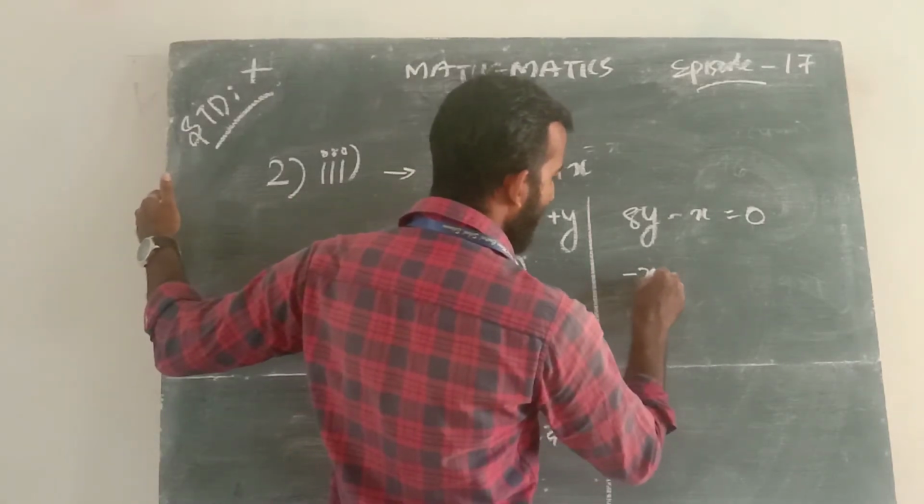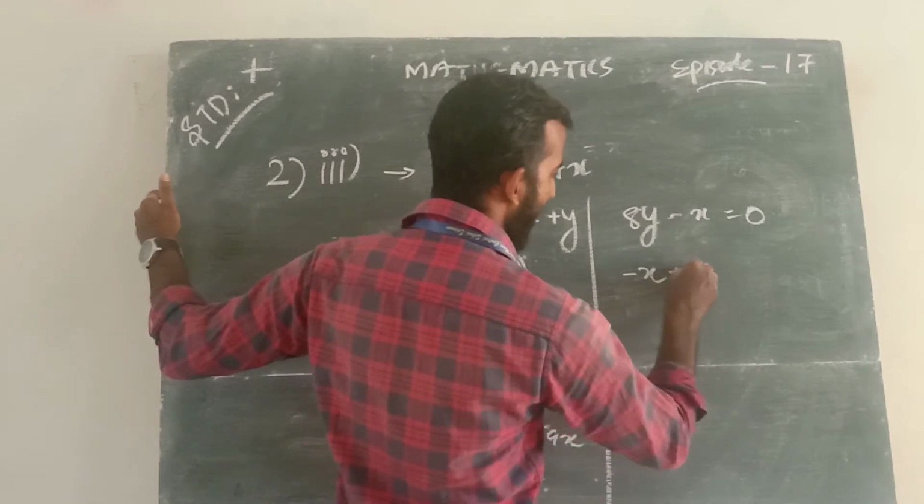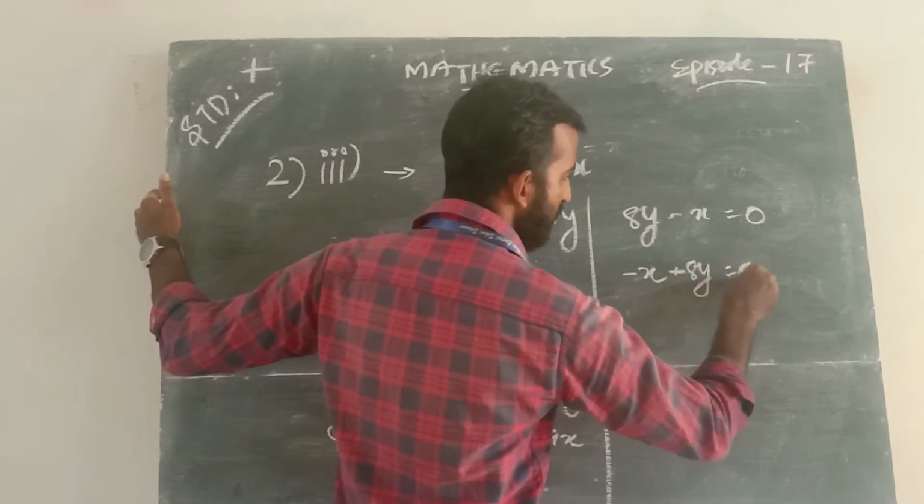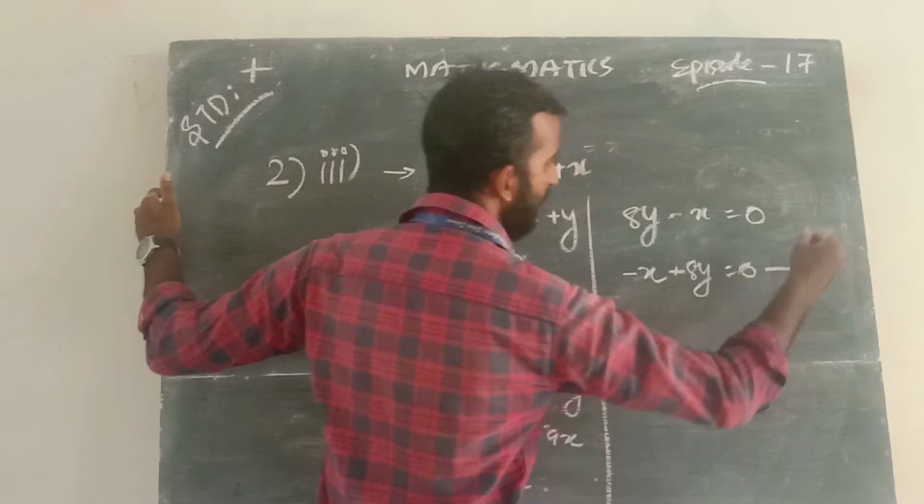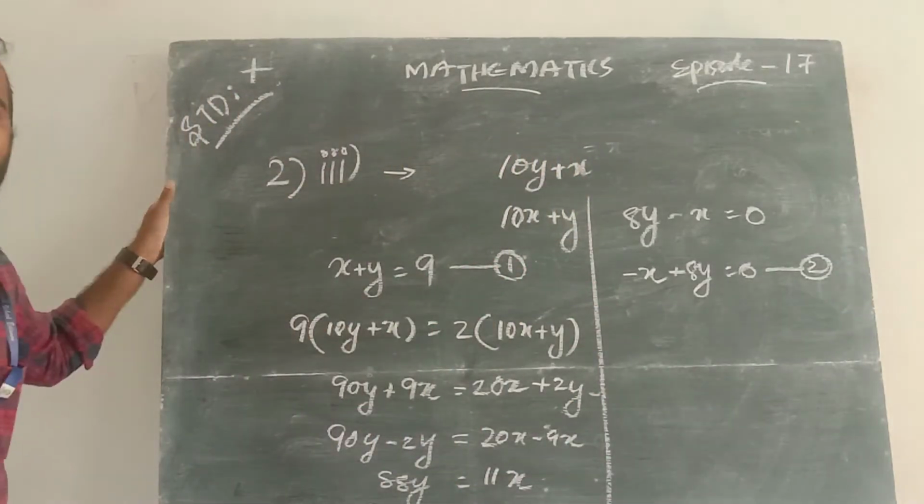We can write this as minus x plus 8y equals 0. This is equation number 2.